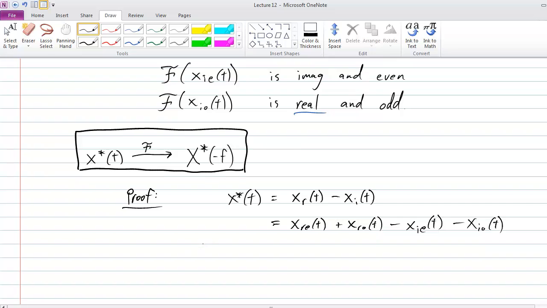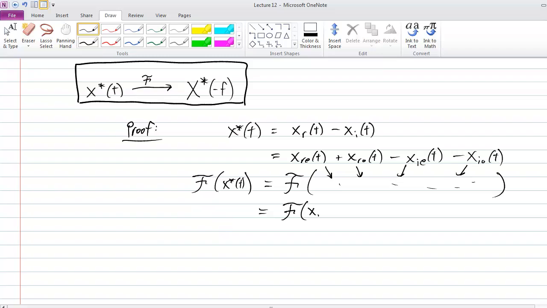That means that the Fourier transform of x conjugate of t equals the Fourier transform of this whole side here. Actually, I'm just going to write that as a capital X. X that came from the real even part in time.